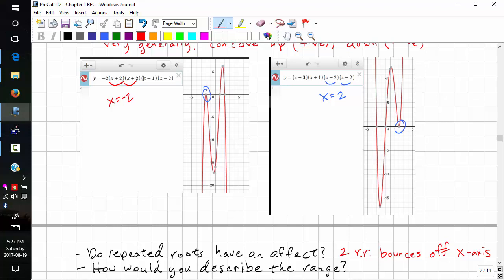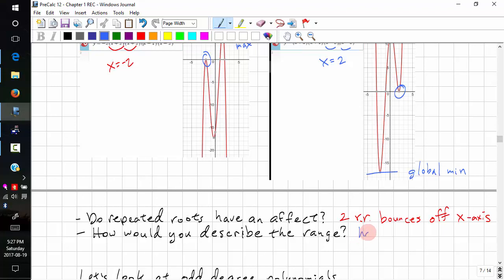How would you describe the range? Well, we can see that we have a global maximum here. Here we have a global minimum. It doesn't get any lower than this, doesn't get any higher than this.